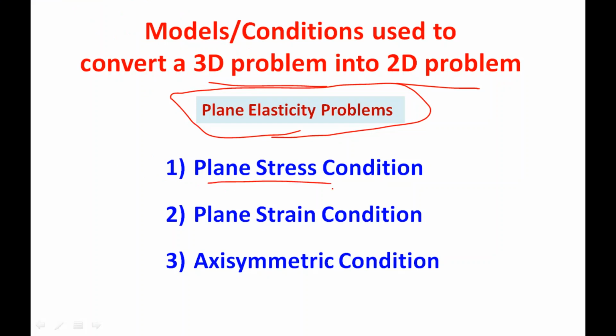One is plane stress condition, then plane strain condition and the axisymmetric condition. We will quickly go through these 3 conditions, how to convert a 3-dimensional problem into a 2-dimensional one by using these 3 conditions. So I will explain. For each condition, we are going to define that stress strain relationship matrix, that is constitutive matrix also.